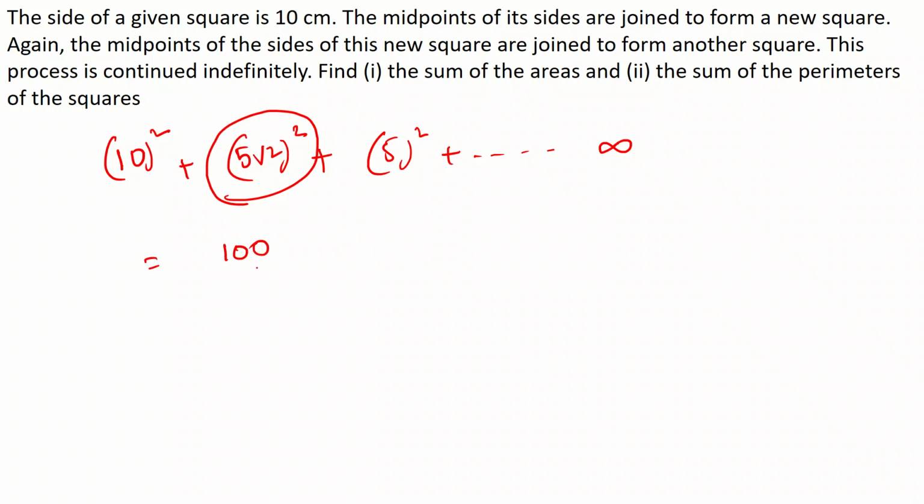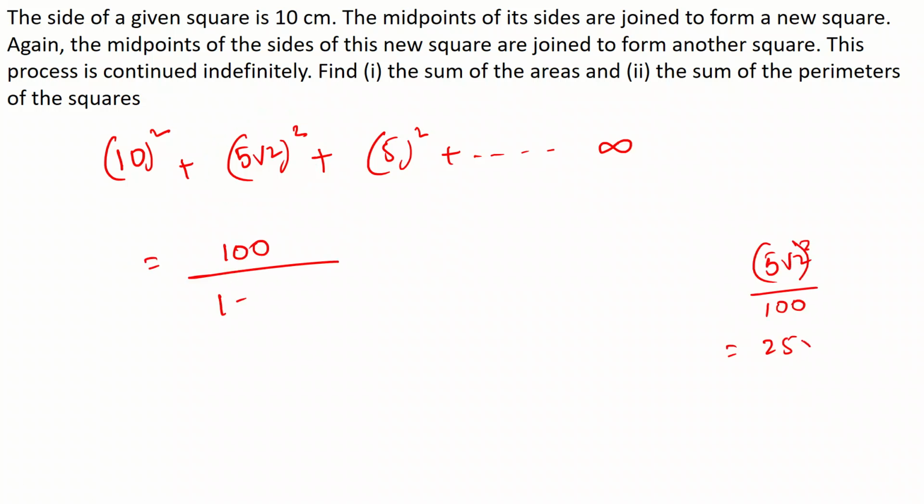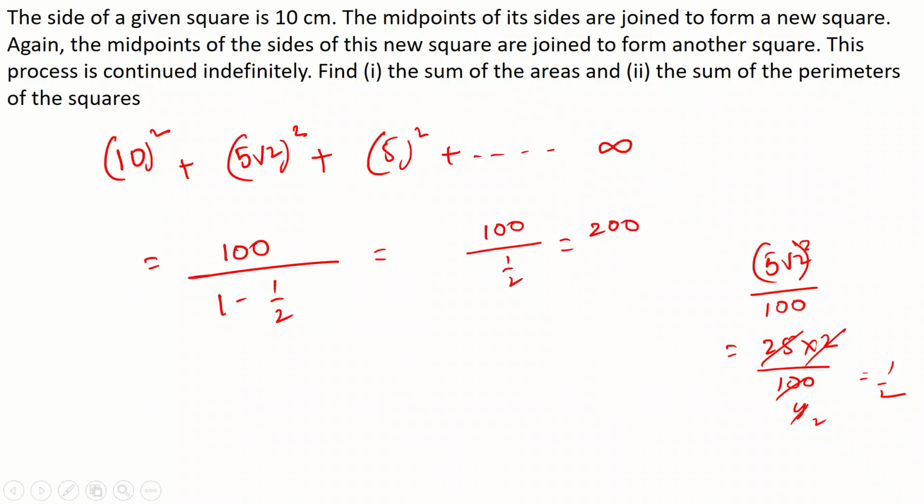So the sum is A by 1 minus R, where R is 5 root 2 square by 100, which is 25 times 2 by 100, which is half. So I have 1 minus half, and it turns out to be 100 by half, which is equal to 200. So this is the sum of all those areas.